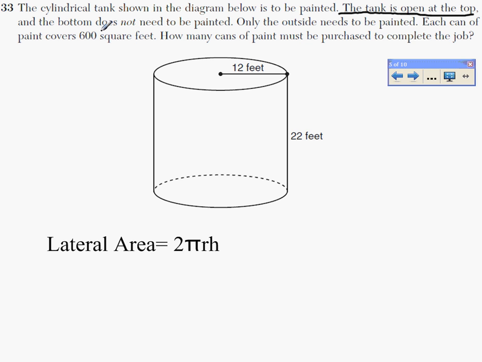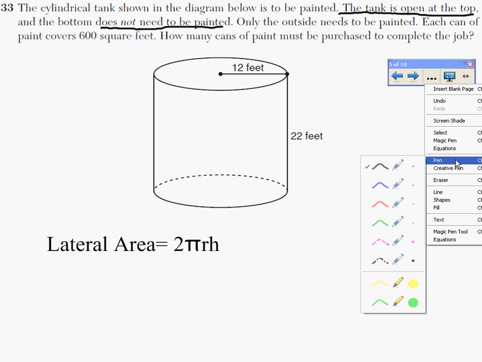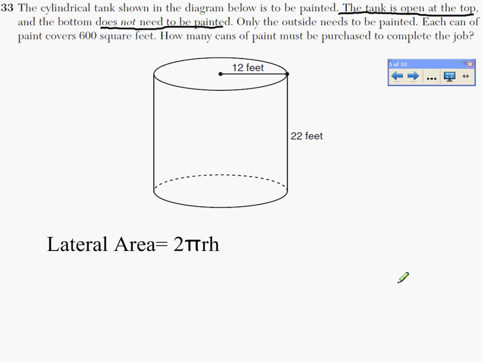And we're told that the bottom does not need to be painted. So the only part of this cylinder that's going to be painted is the lateral area, the part that's standing up, so to speak. So this is the only part that needs to be painted.